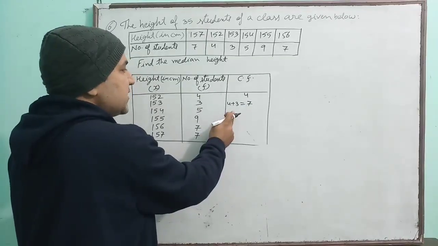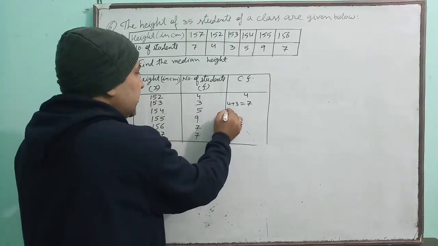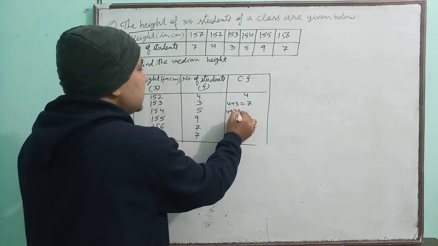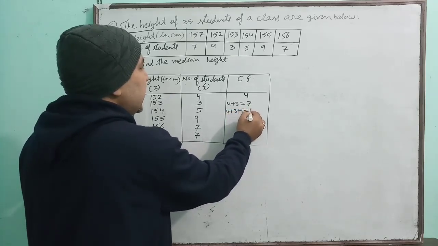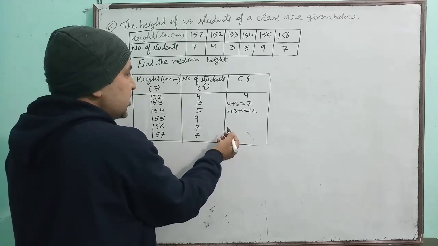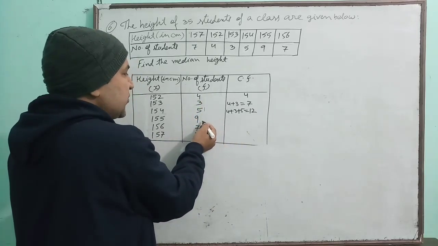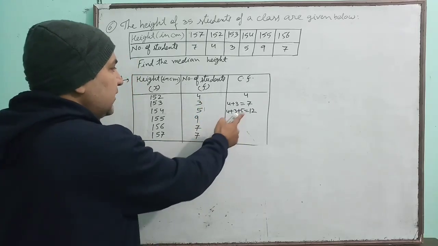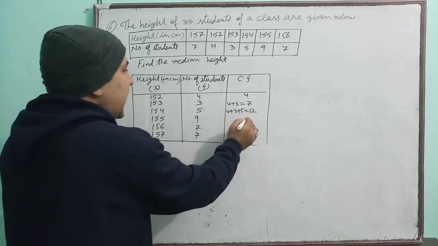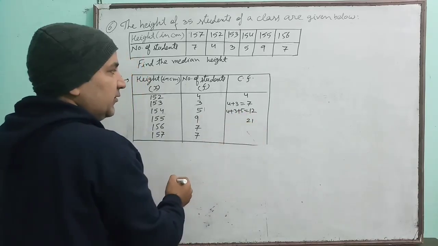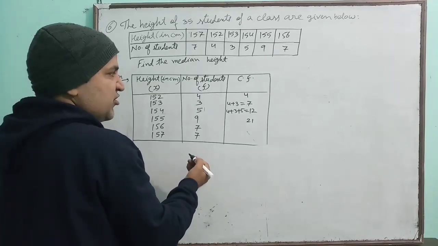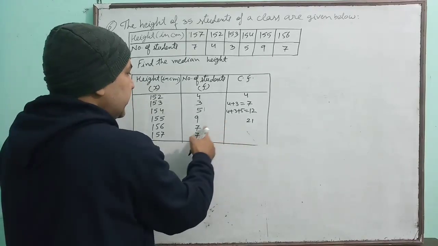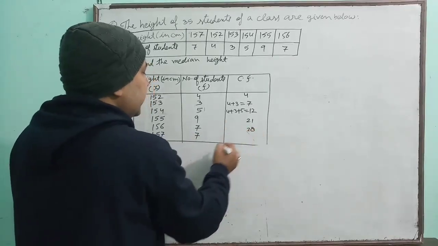The third cumulative frequency is the sum of the first three terms, means 4 plus 3 plus 5, that is 12. Next one is the sum of the first four. So you can see that when 12 is added with 9, you will get 21. Understood? This is the shortcut way. Then 21 plus 7 is 28.